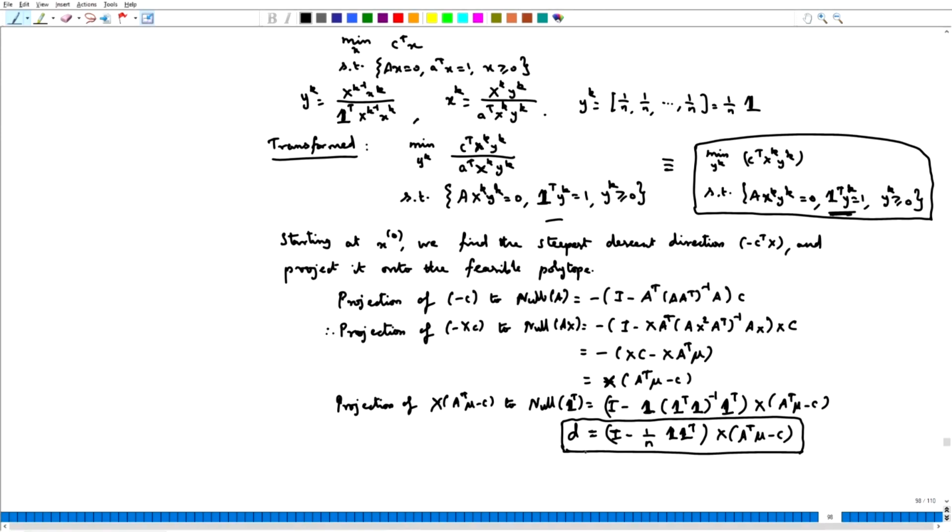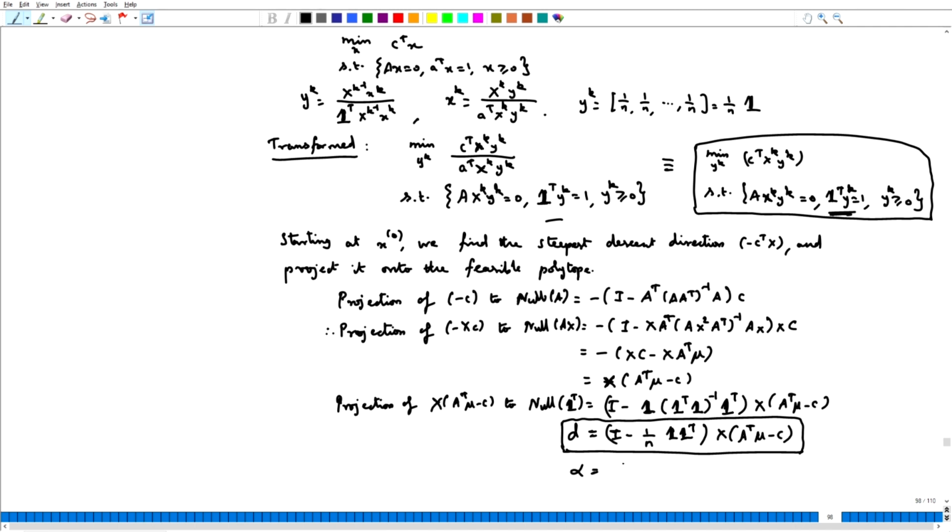So, that derivation I am actually not going to give. In fact, the choice of step size is one of the key reasons why Karmarkar could prove that his algorithm converges in a lesser number of steps, in fact polynomial in n, right.